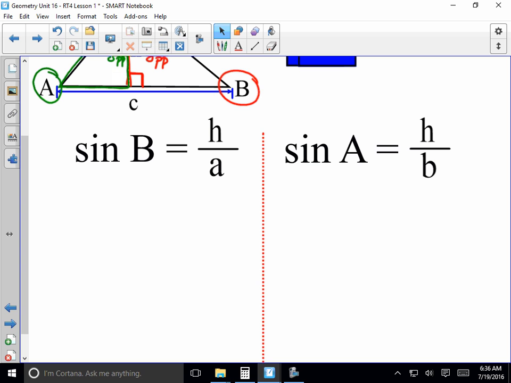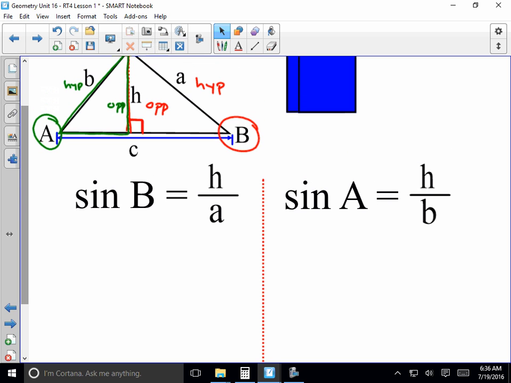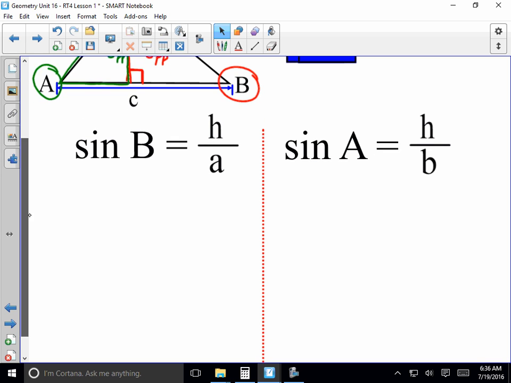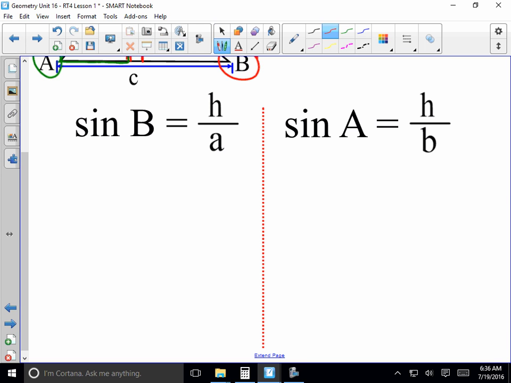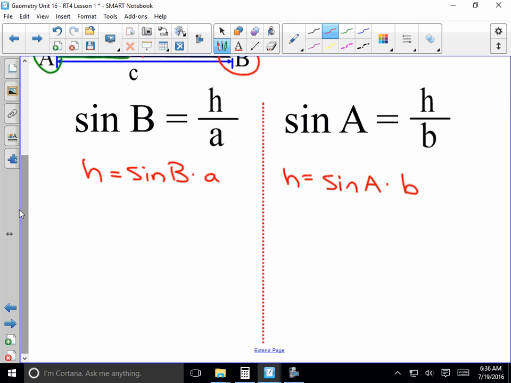They both use that height value H. It's not a hypotenuse, but it is a height value of H. So now, since both of these formulas can use the height value, I'm going to solve them for H. On this side, I have H equals sine of B times A. And on this side, I have H equals sine of A times B. So now I can set these two height measurements equal to each other because they're both equal to H. Sine of B times A equals sine of A times B.